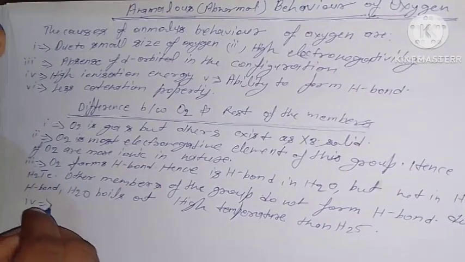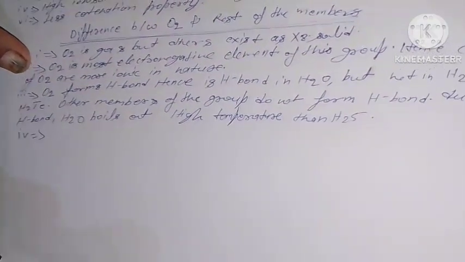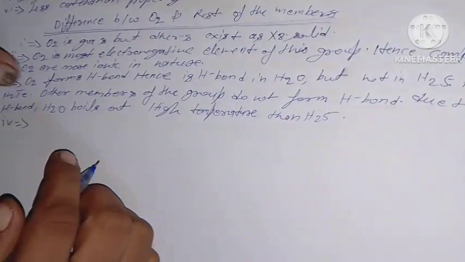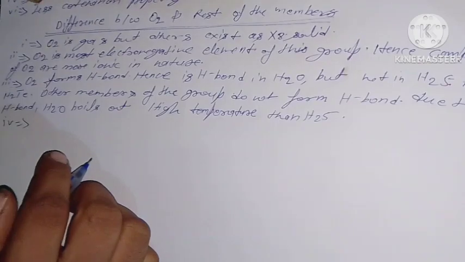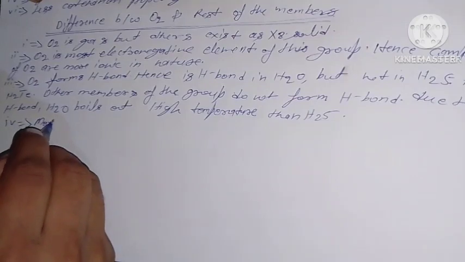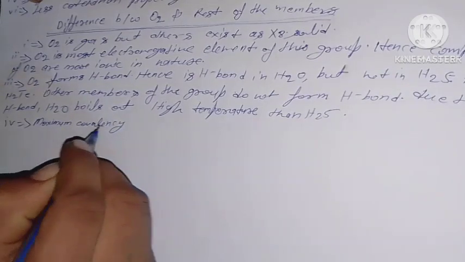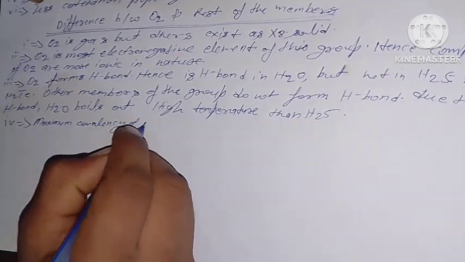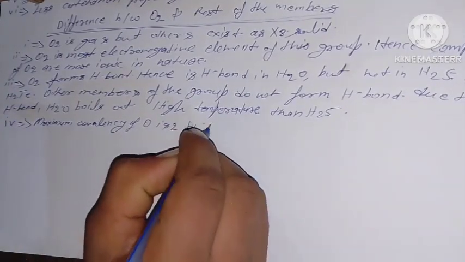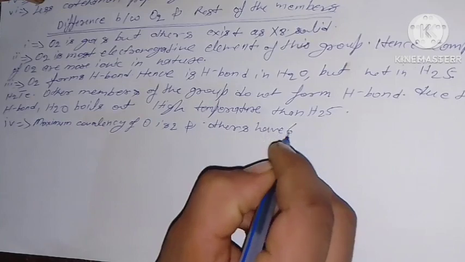Fourth point. Maximum covalency of oxygen is 2, and others have 6.